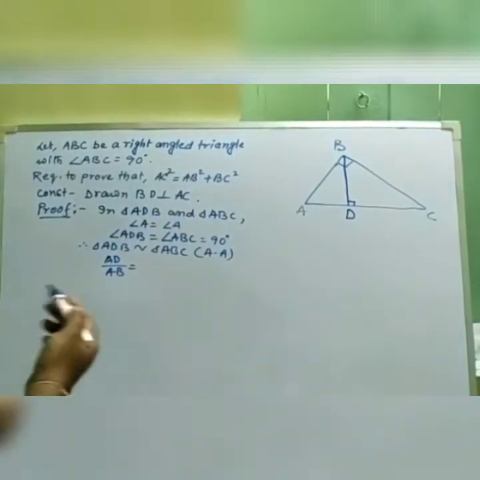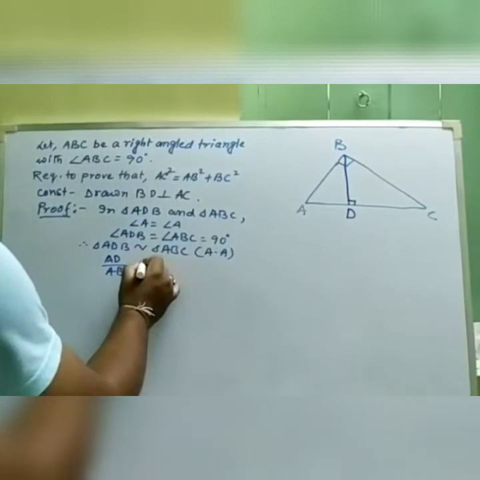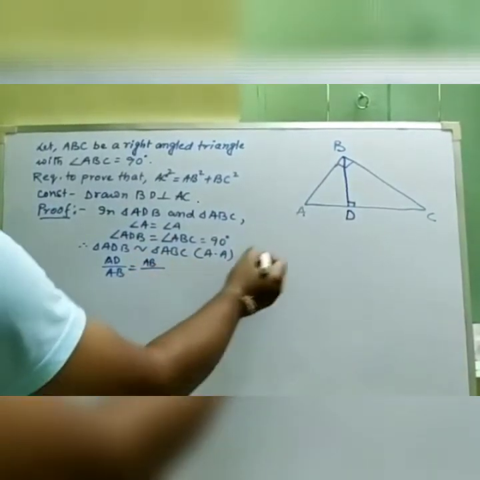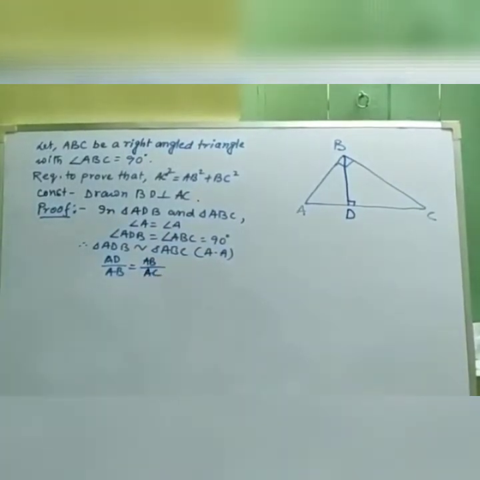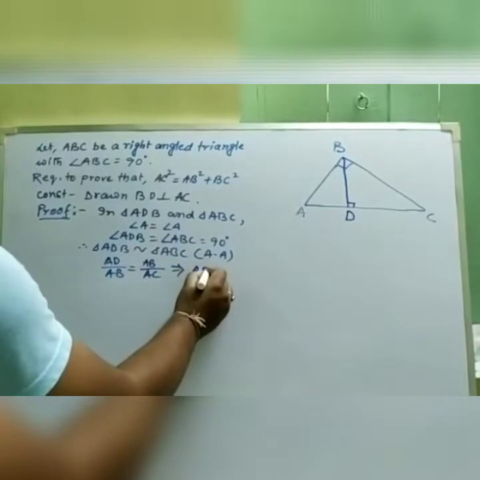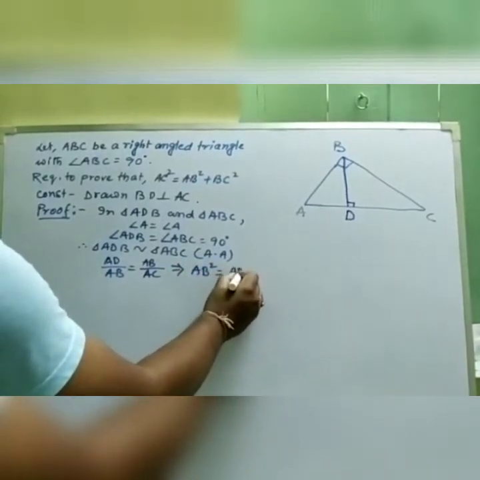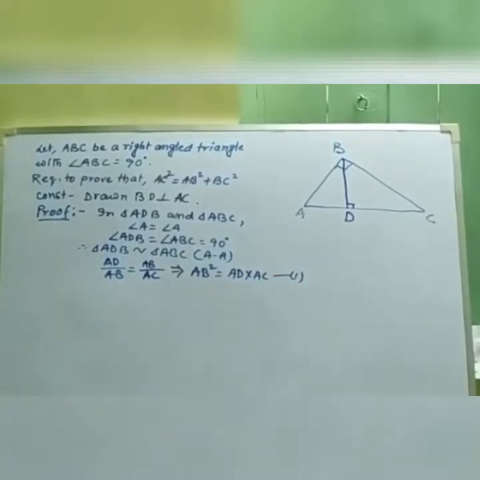You have to remember that we take base and hypotenuse. Now the hypotenuse: the small triangle ADB has hypotenuse AB, and the hypotenuse of the big triangle is AC. By cross multiplication, you get AB square equals AD into AC. So that's condition 1.